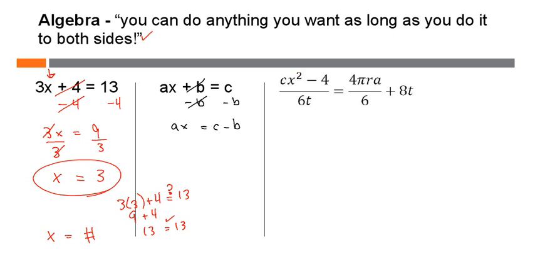It's multiplied, so I'd have to divide the entire left side by a. a divided by a would leave me just x, and I've got to divide the entire right hand side by a. Sorry, wrong number. Okay, so I'd be left here with c minus b over a.